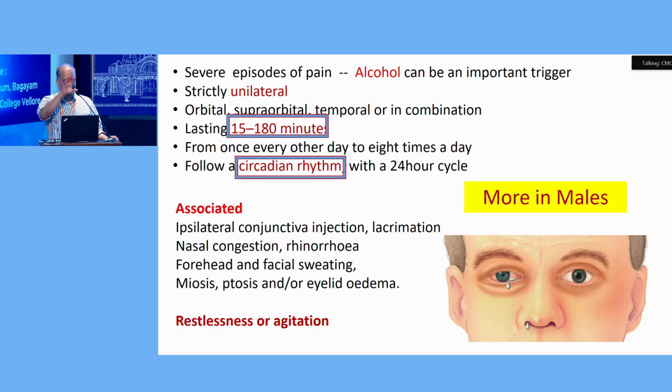Every day they'll get the headache at the same time, associated with congestion and lacrimation, and the patient will be very restless and agitated, unlike a patient with migraine who wants to be left in a quiet room with the lights off. These patients will be very agitated and walking around, trying to take a cold shower, etc.